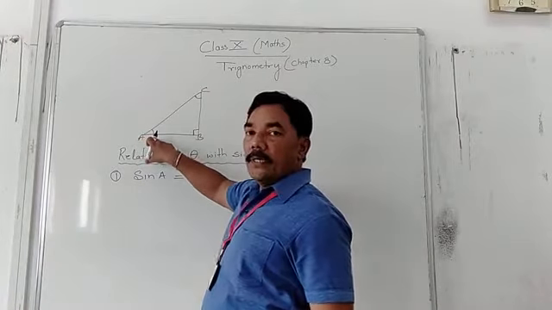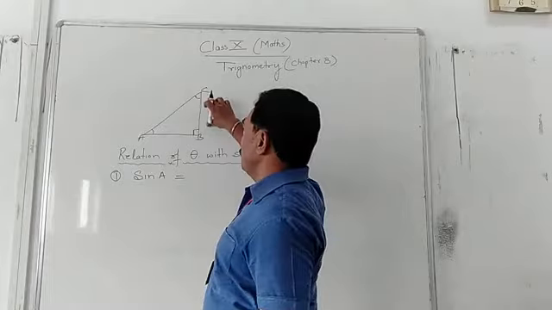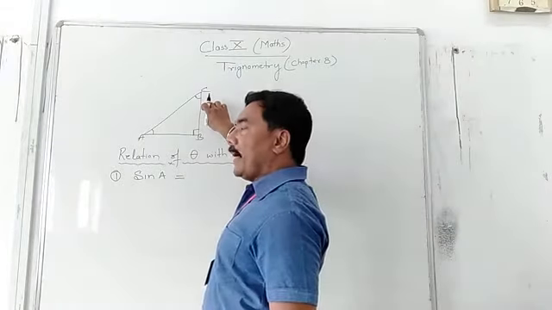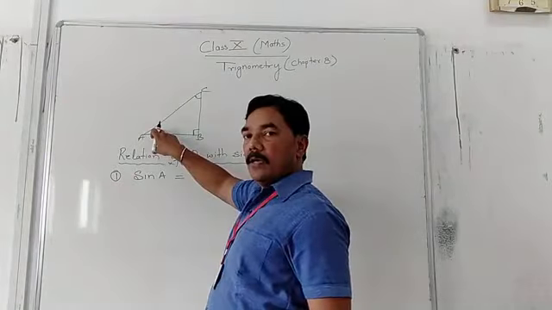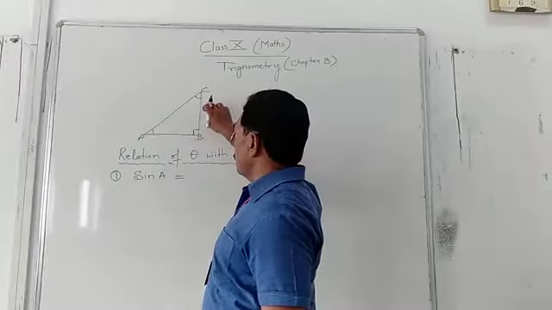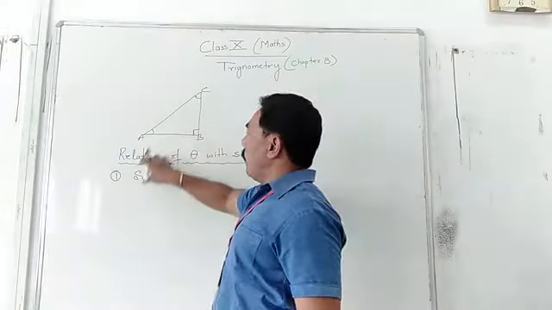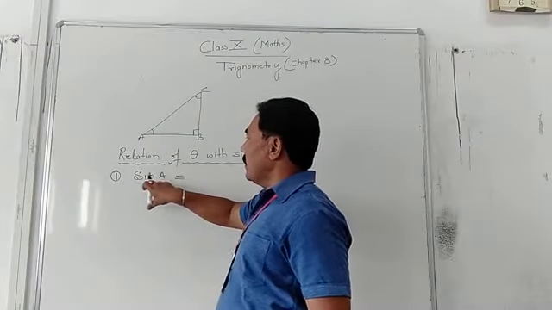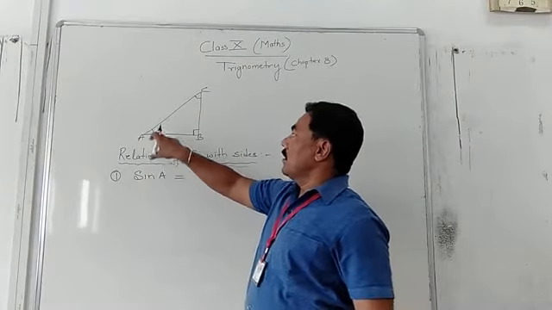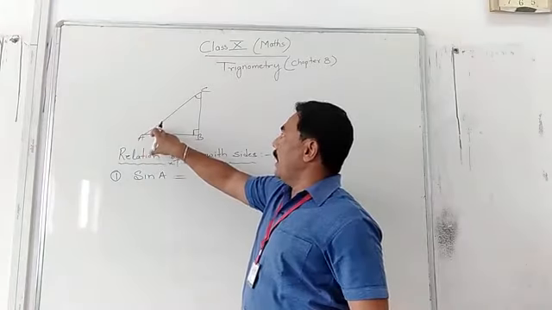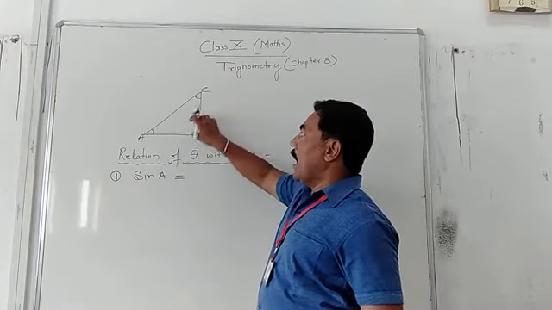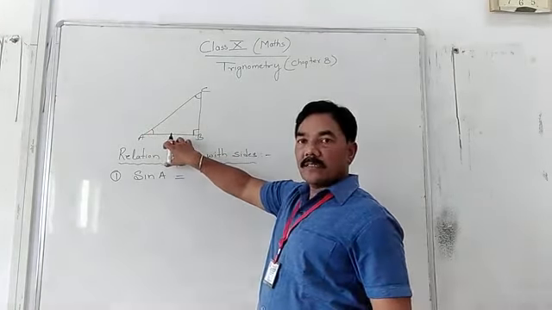The side opposite to angle A is BC, which is the perpendicular for this theta. If it is perpendicular, then the base is AB.